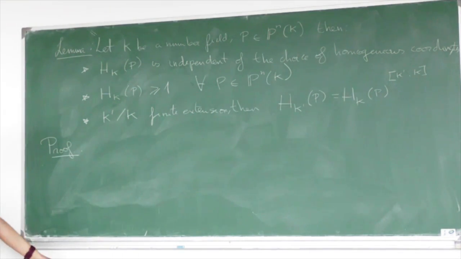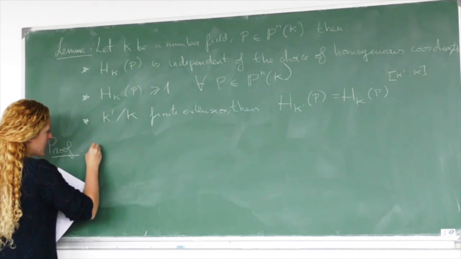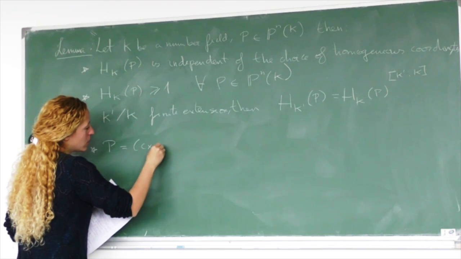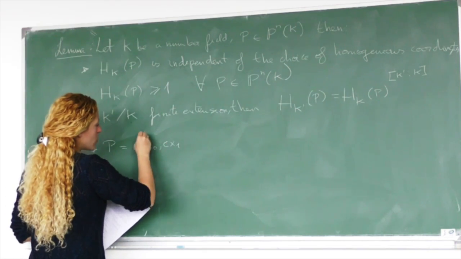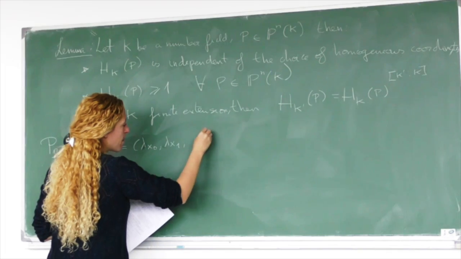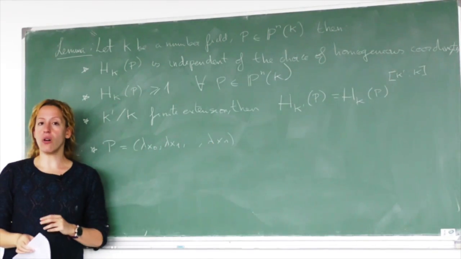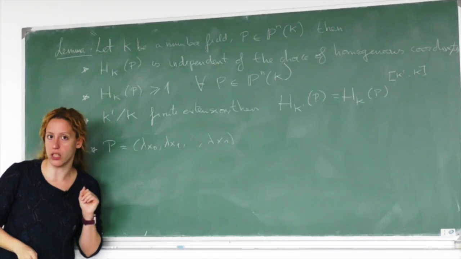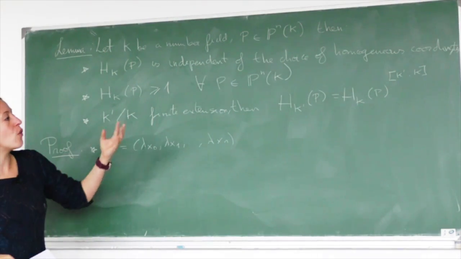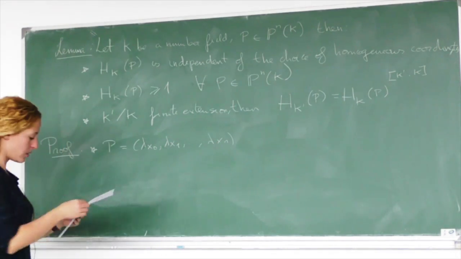Okay, so let's start with the first one. Assume that we decide to write P as follows. Maybe I'm going to call it lambda, okay? So I took another choice of homogeneous coordinates for the point P. So let's see which is the value of the height for this point when I take these other coordinates.